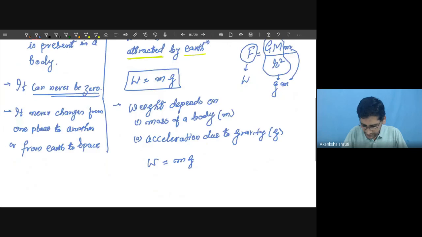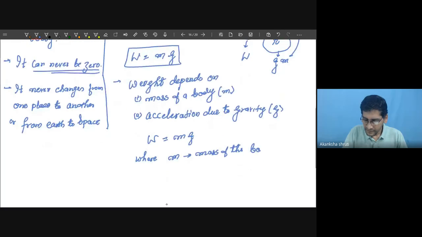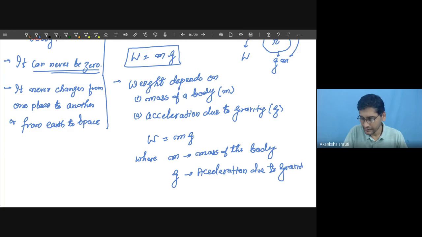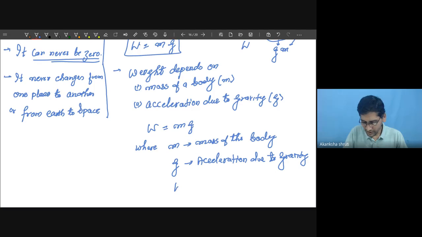So in this formula, this m represents mass of the body and the small g denotes the acceleration due to gravity. And the symbol W denotes the weight of the body, weight of the mass m or body.